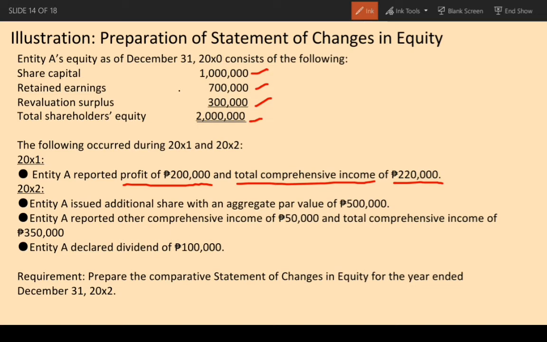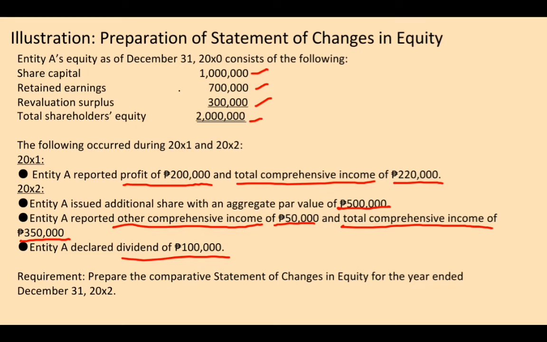In 20x2, entity A issued additional shares with an aggregate fair value of 500,000. Entity A reported other comprehensive income of 50,000 and total comprehensive income of 350,000. Entity A declared a dividend of 100,000. Requirement: prepare the comparative statement of changes in equity for the year ended December 31, 20x2.